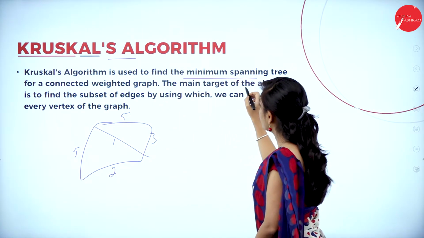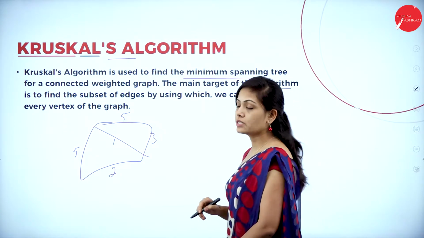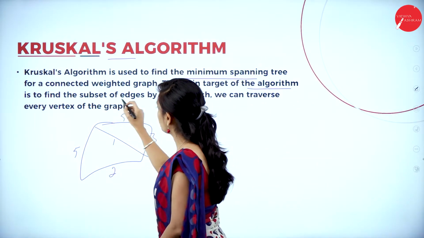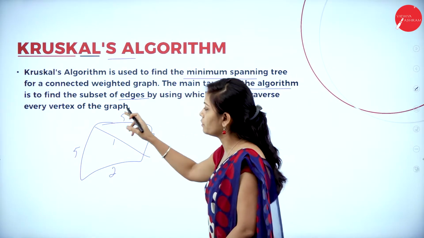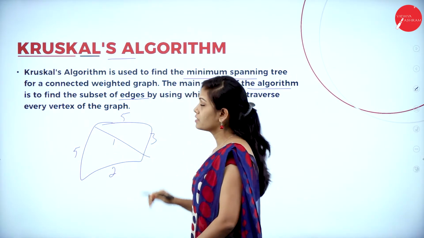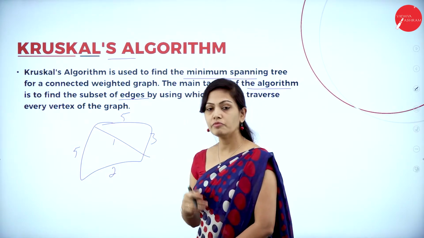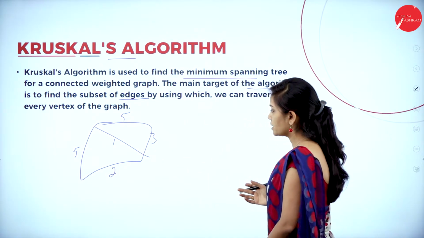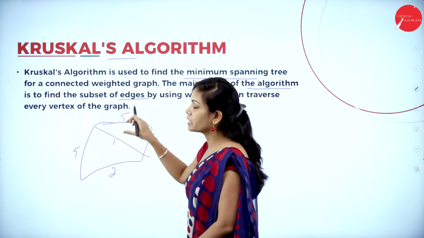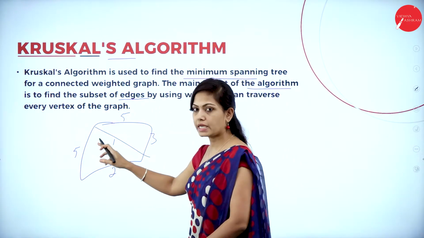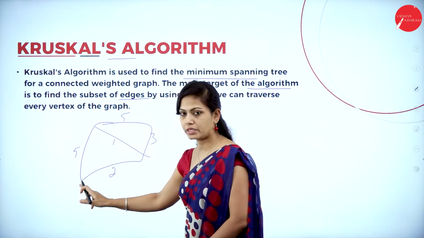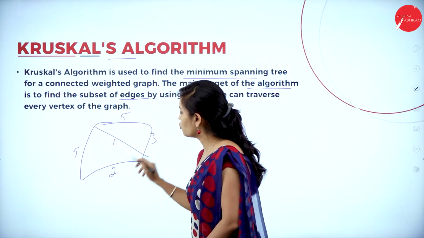The main target of this algorithm is to find the subset of edges by using which we can traverse every vertex of the graph. So by using this Kruskal's algorithm, we can find the minimum spanning tree by using the subset of edges. Example, here how many vertices are there? 1, 2, 3, 4 vertices and 1, 2, 3, 4, 5 edges.